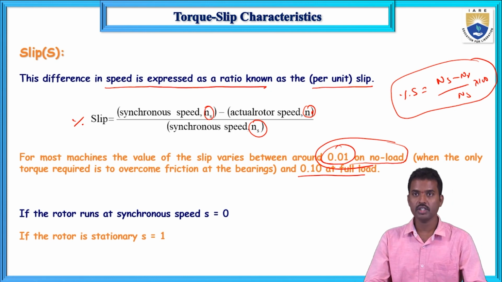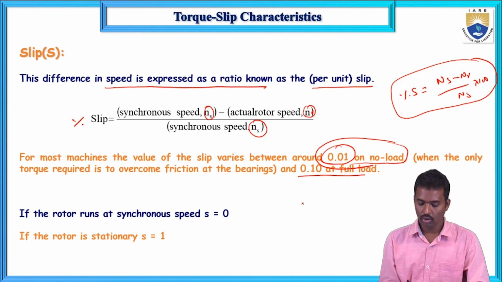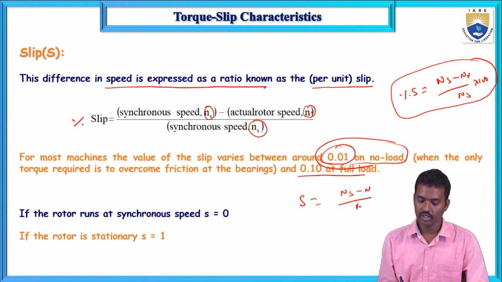Now this is most important: slip value 0 and slip value 1. We know Ns equals 120 f by P, and s equals Ns minus Nr divided by Ns.